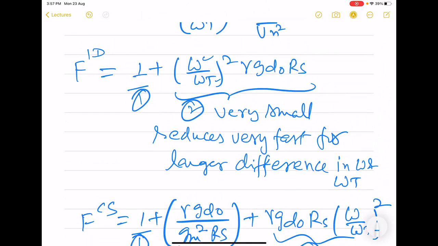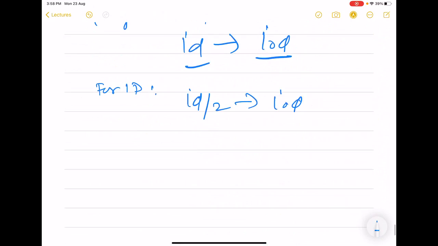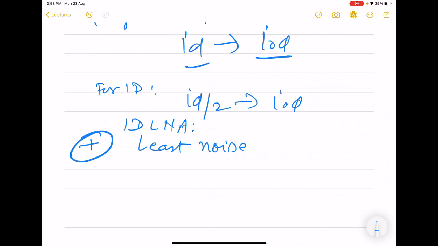In fact, if we compare the noise factor of the ID case with the remaining 3 LNAs, we will find that this has the smallest. So the biggest advantage of this ID LNA is that it has the least noise factor out of all those 4.